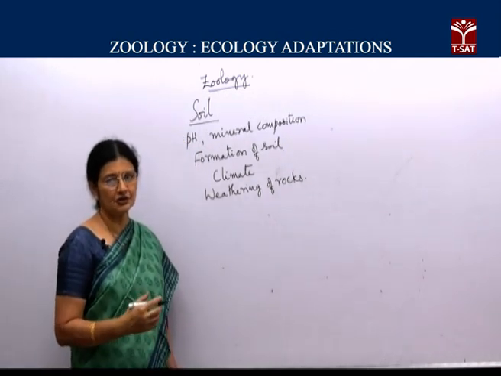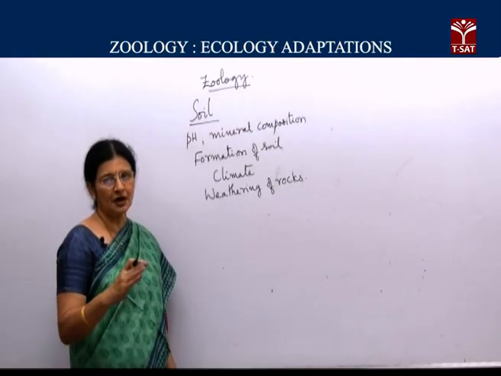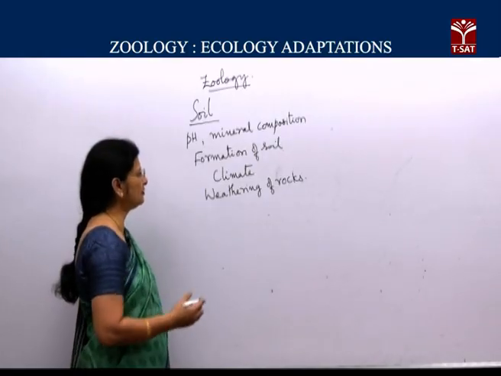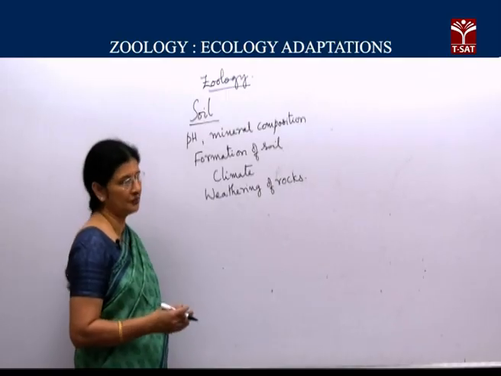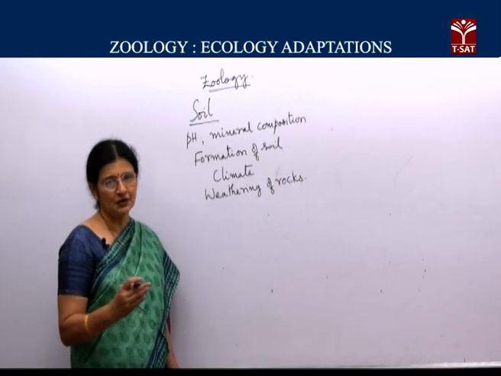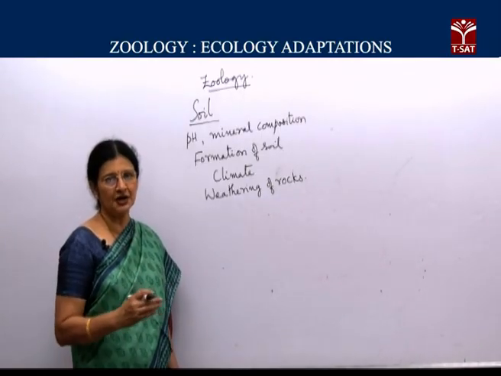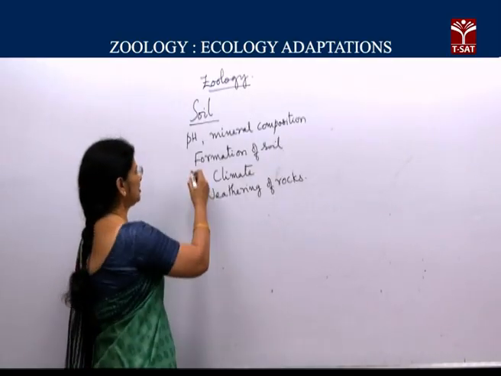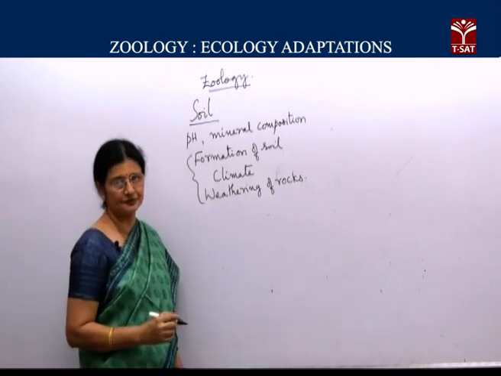Slowly these rocks get disintegrated and they form the upper surface of the soil. So, weathering of rocks, climate, how the soil is formed, whether it is formed from sediments or transported along with the floods and all, some of the soil may get transported to a particular place. All these factors influence the nature of the soil.